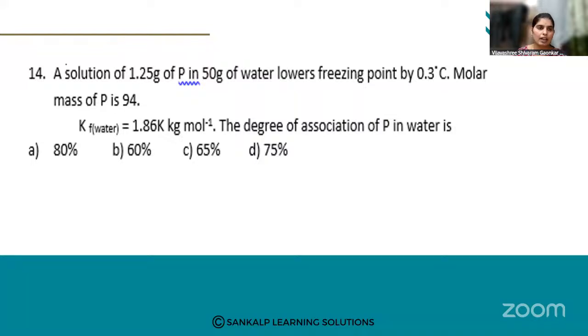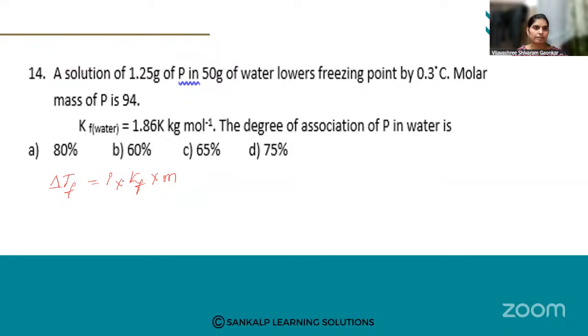First, we already know that the depression in freezing point, delta Tf, is equal to i into Kf into molality observed, right? Molality, just write it as molality, right?